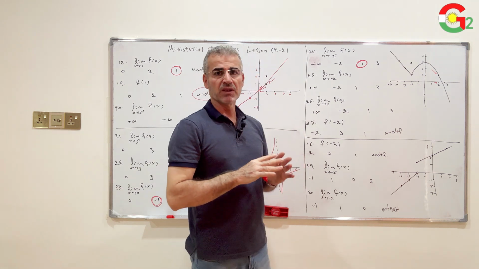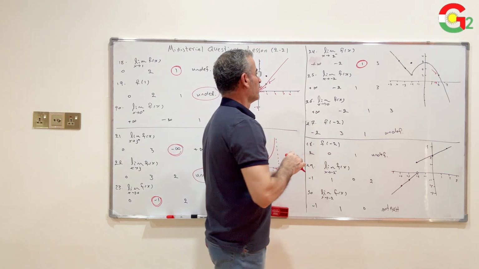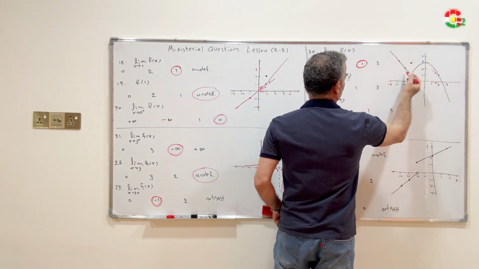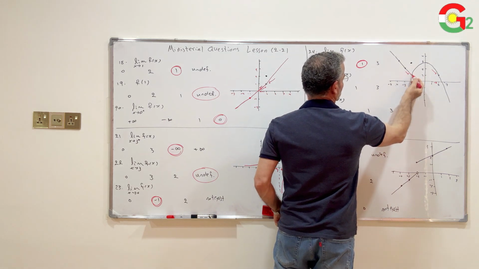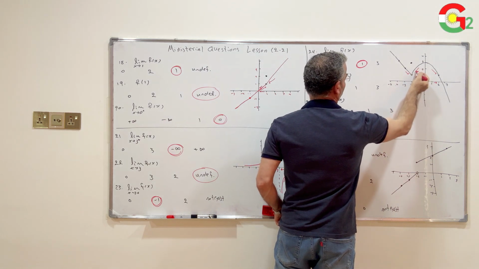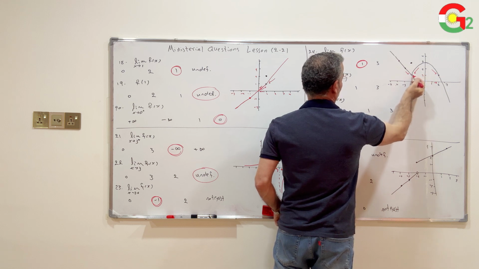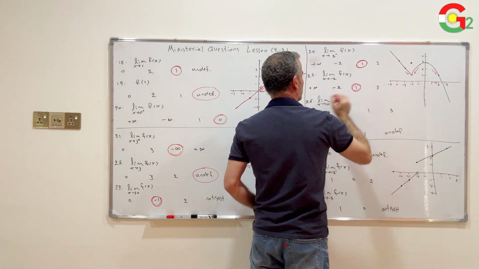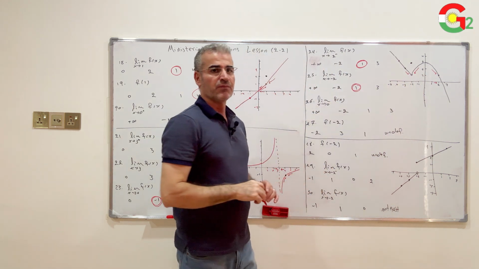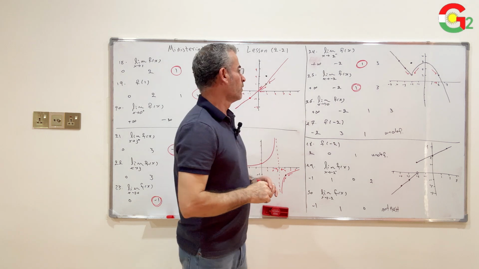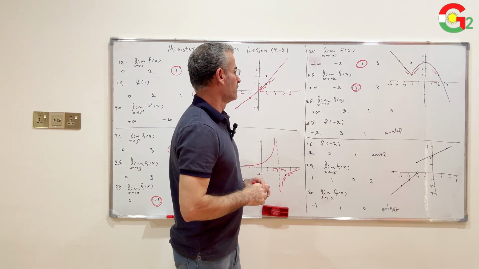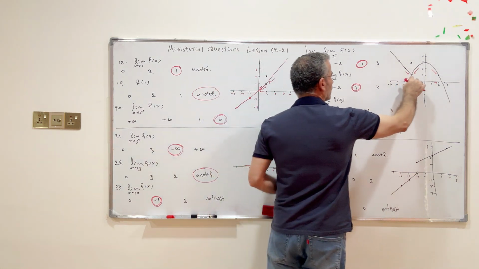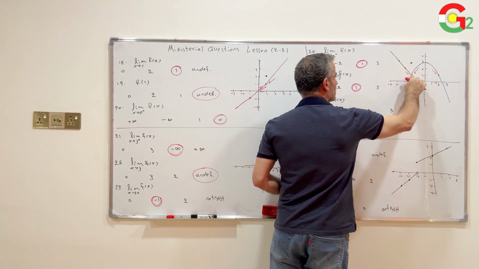If the limits are not equal, then the limit does not exist. As you see, from left, f of x goes to 1, and from right, f of x also goes to 1, then the limit when x approaches negative 2 for f of x is 1. That is the y-coordinate of this point.